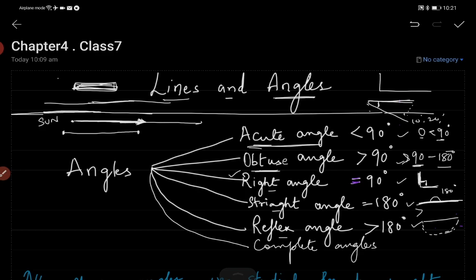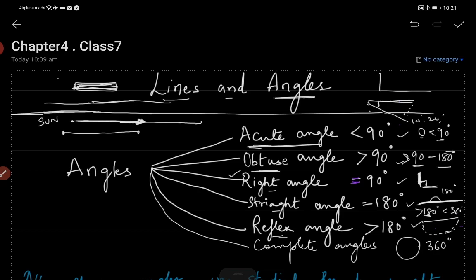That is greater than 180 degrees and less than 360. The angles between 180 and 360 are all reflex angles. And what is a complete angle? A complete angle is a 360 degree angle. So these are the previous topics which you already studied.